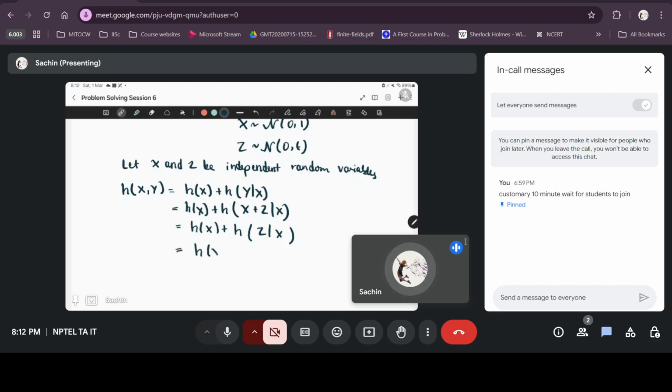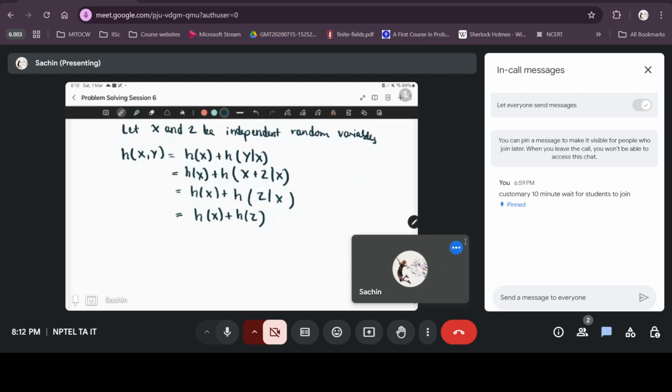So this is h of x plus, since z and x are independent, h of z.